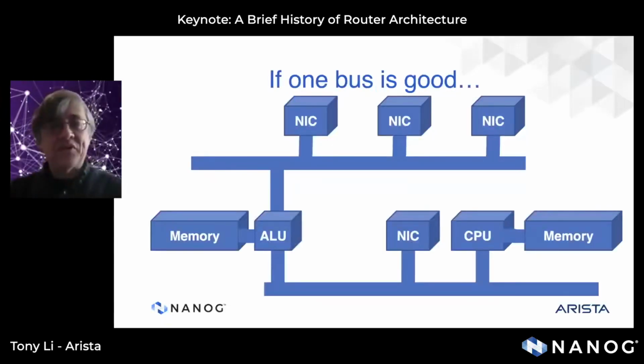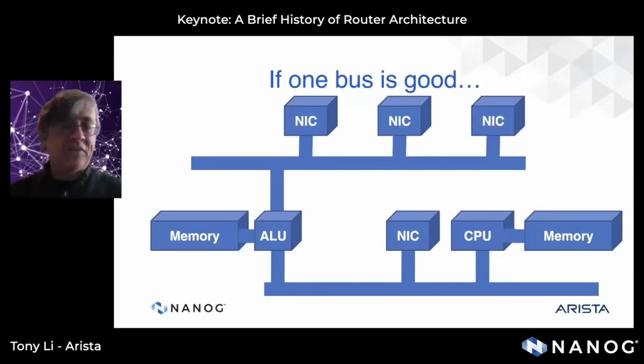Now, unfortunately, architectural change is hard and risky. And when you don't know what you're doing, you don't make radical changes. So if you don't want to make a radical change and one bus is not working, how about we add a bus? And we need some more compute power. So cheap compute power comes in the form of an ALU.